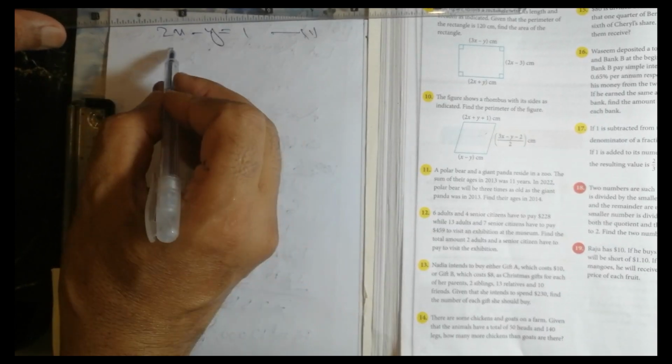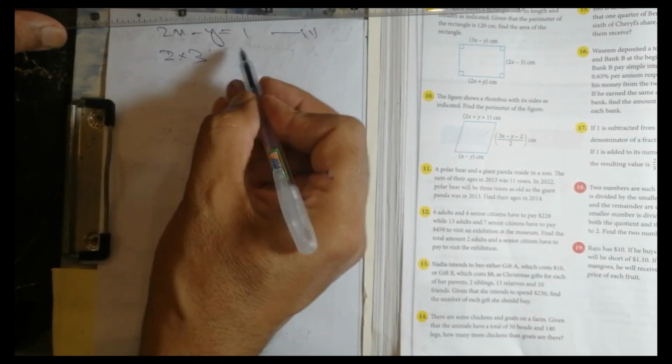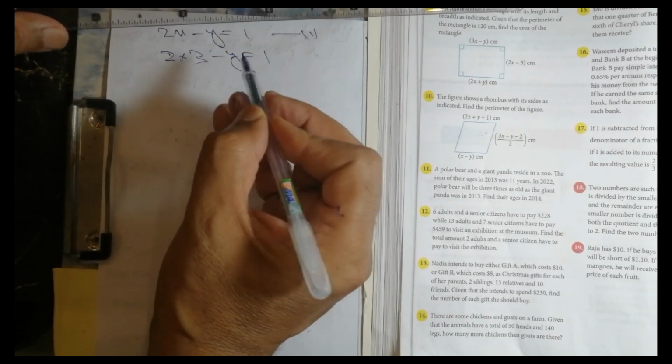And if we put x equal to 3 in equation number 1, we can get the value of y. So this is equation number 1, put the value of x equal to 3. So 2 into 3 minus y equals 1.